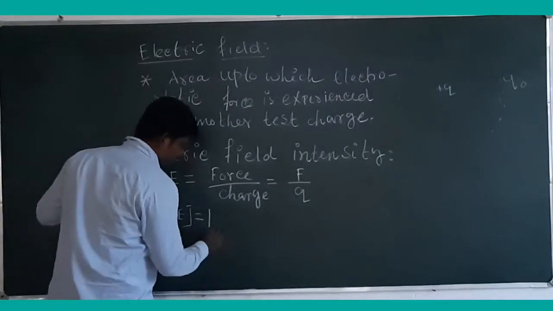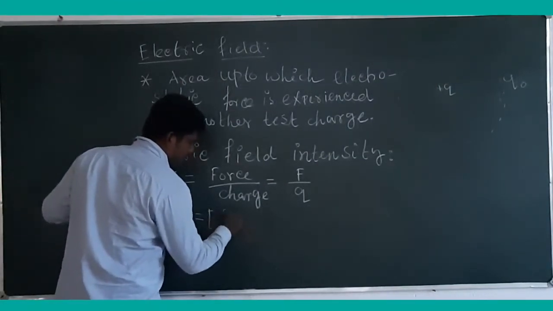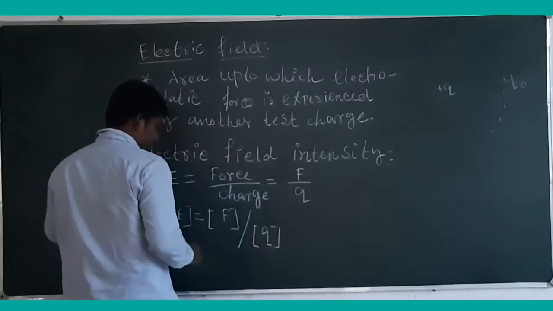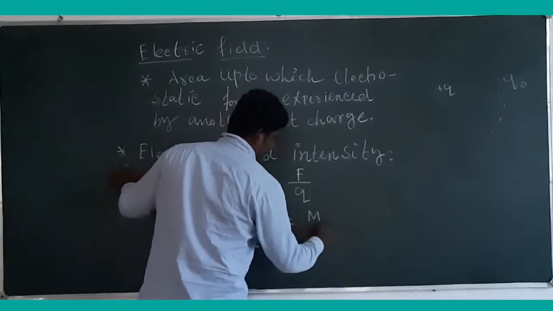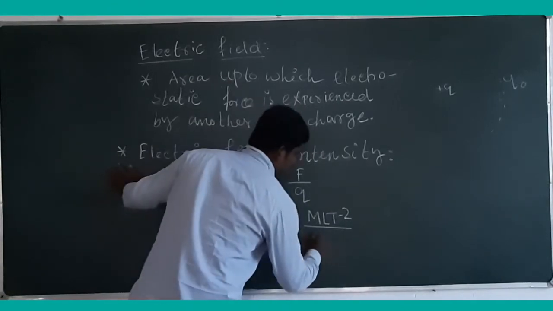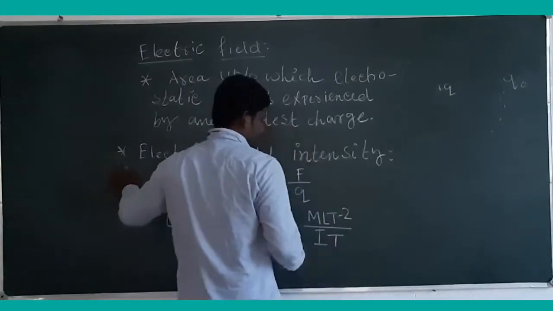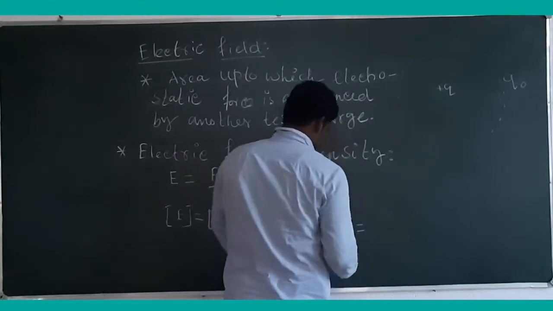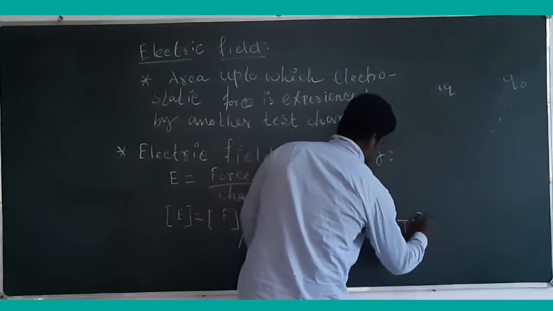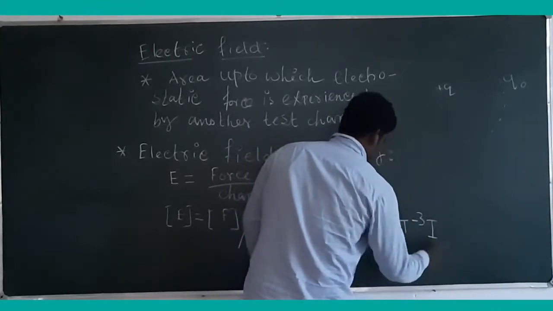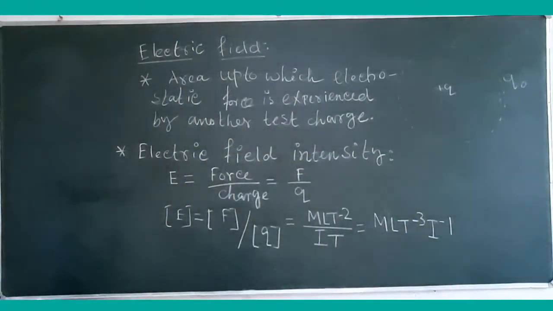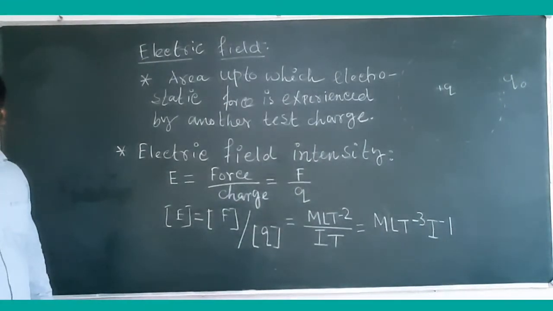This will obviously be equal to the dimension of F by the dimension of Q, and this will equal M L T to the power minus 2 by I T, and after calculation you get M L T to the power minus 3 I to the power minus 1. So this is the dimensional formula of electric field.